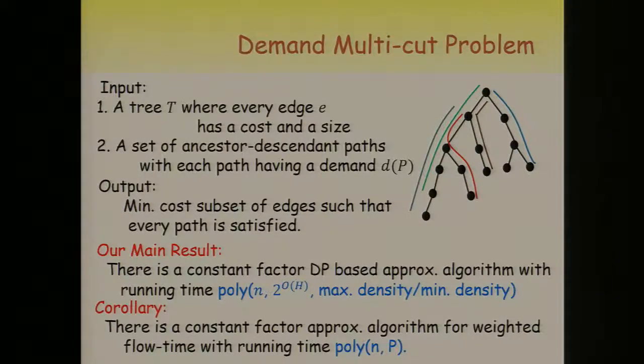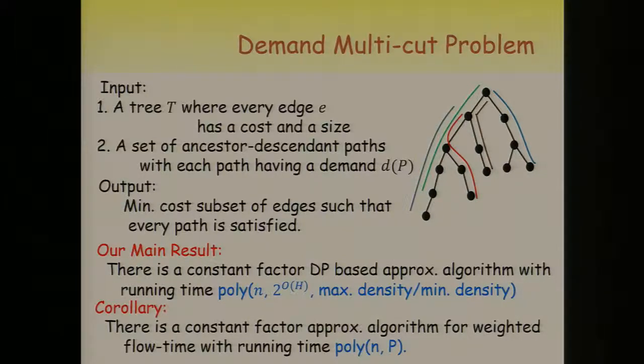So if they are nested, it means that these vertices correspond to intervals whose length is at least a factor of 2 less than the size of this interval. So you can have such branchings only a logarithmic number of times. So that's why this 2 to the h behaves like p.